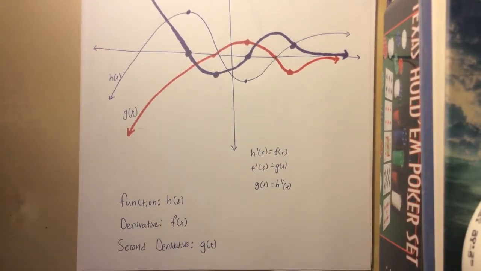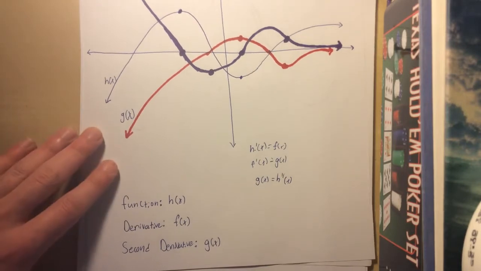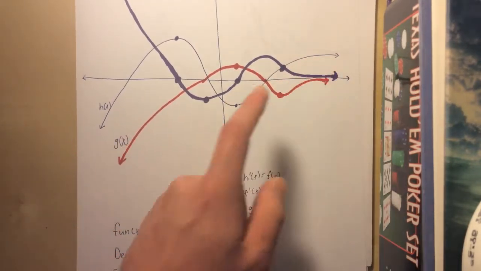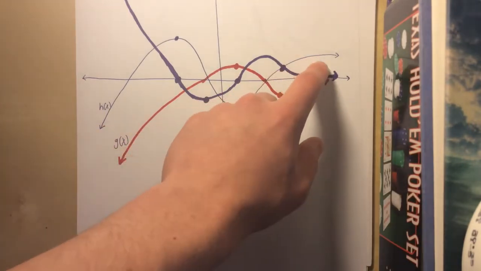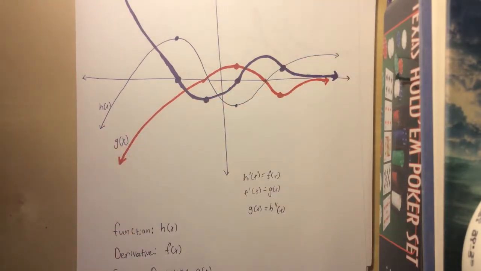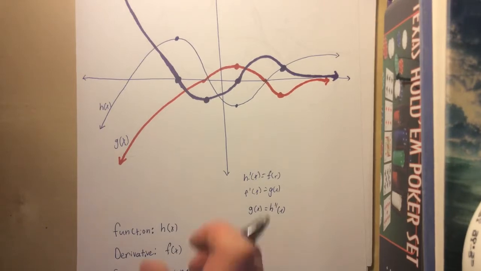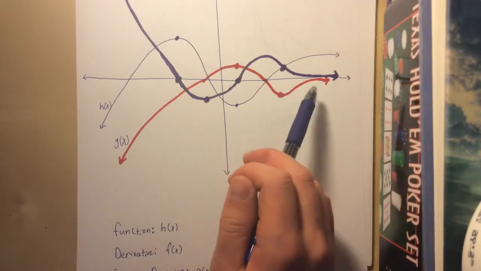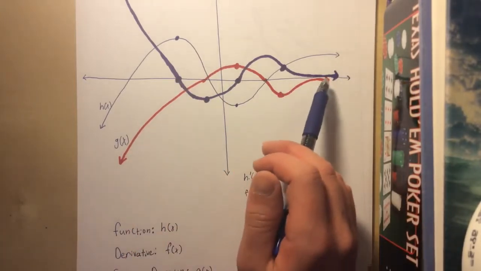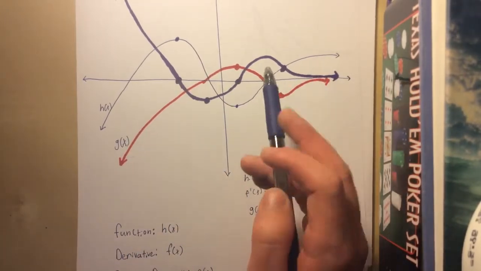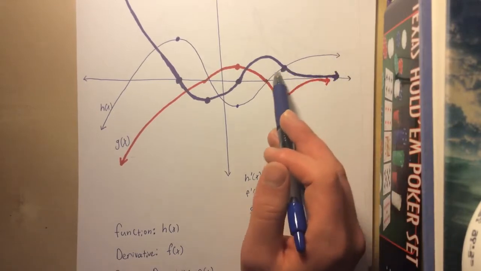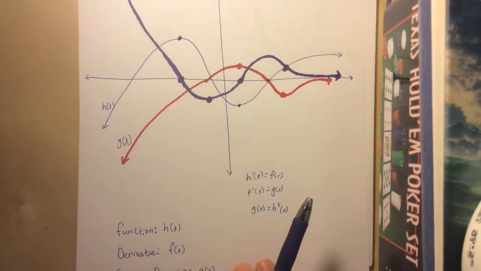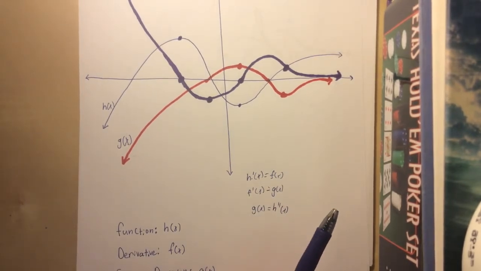Honestly, when doing these types of problems, there are so many different ways to figure this out. You could look at the end behavior, seeing that the slope of the tangent of h of x is approaching 0, and as you can see, f of x is approaching 0 and is positive, and h of x is still increasing on that interval, so we can tell from that that f of x is the derivative of h of x.